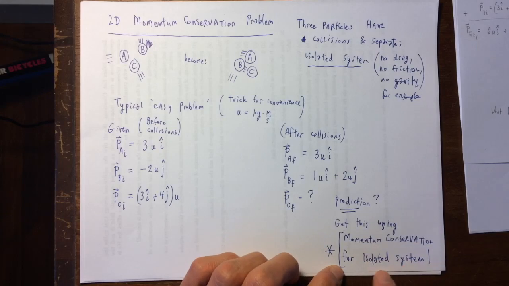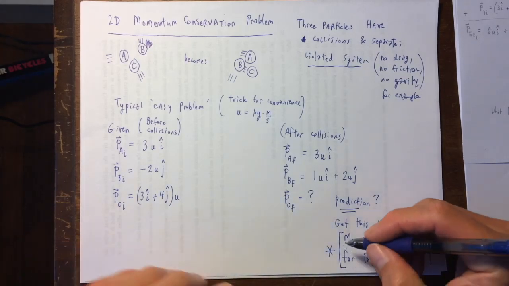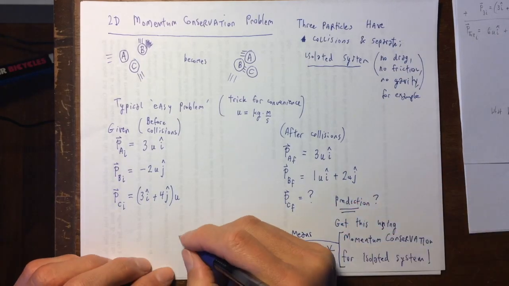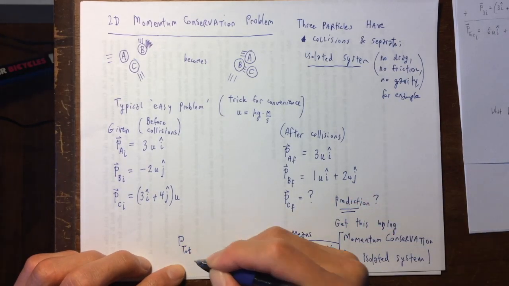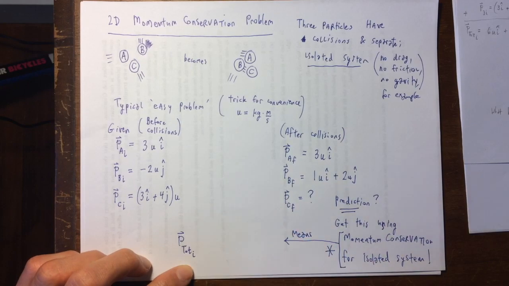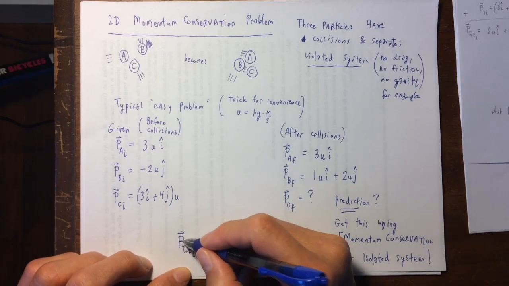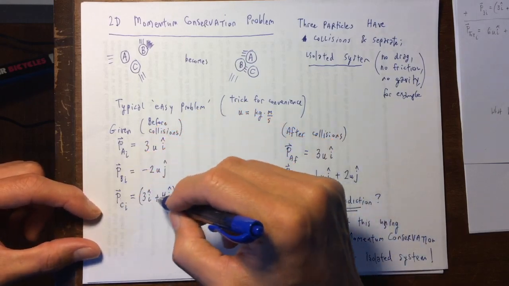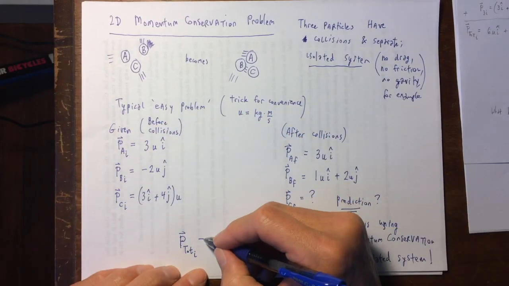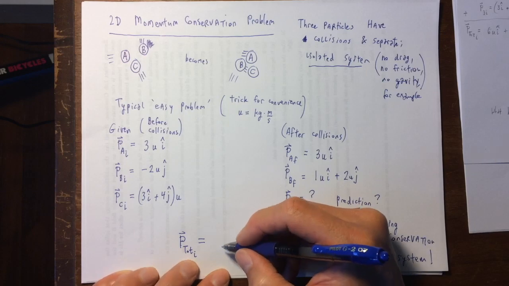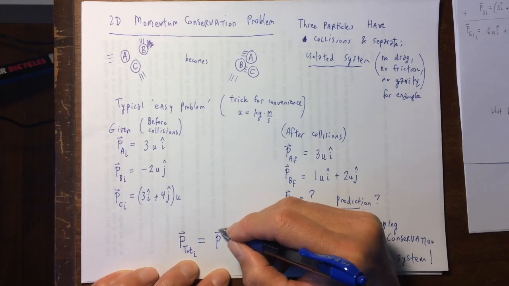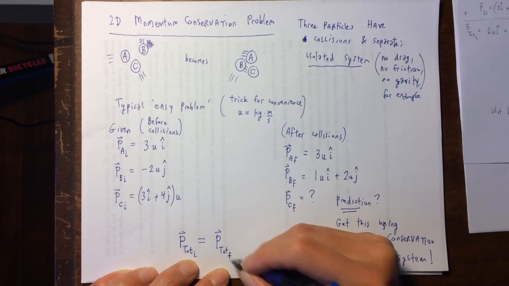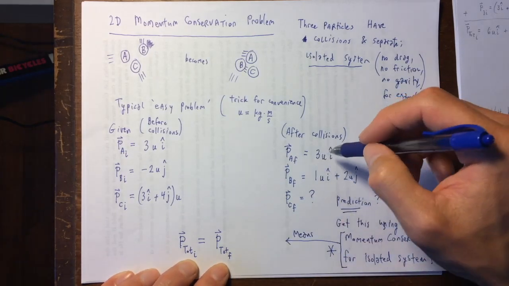So momentum conservation for an isolated system, what this means is that the P total before all the collisions, so that is the total system momentum, here are all 3 parts of the total system momentum, before the collisions, or initial, is exactly the same as the total system momentum after the collisions are done.